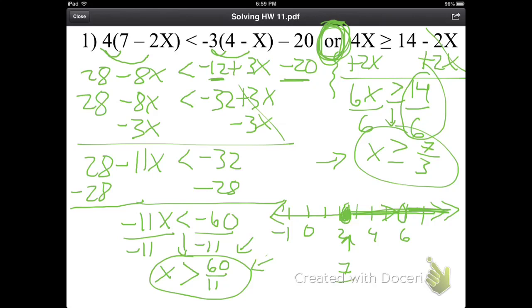So our leftmost point in our interval is going to be 7/3, and it goes all the way to the right to infinity. Always a curved bracket at infinity. And now at 7/3, I have a closed circle, so I need to put a square bracket at 7/3. And now that's my final answer.